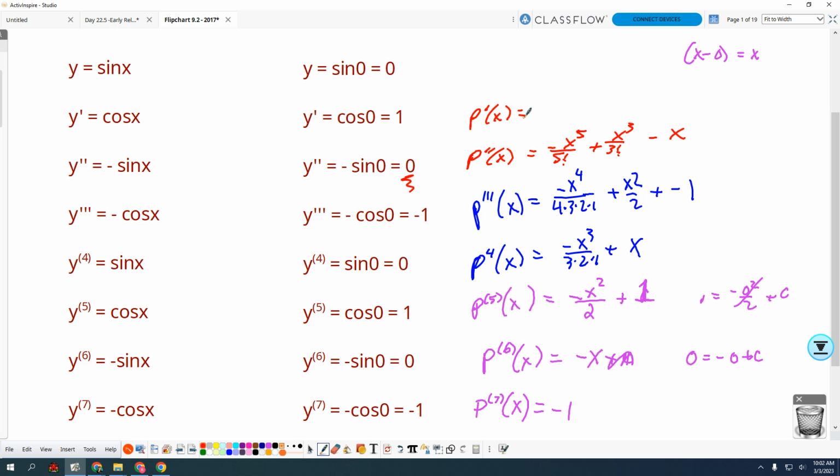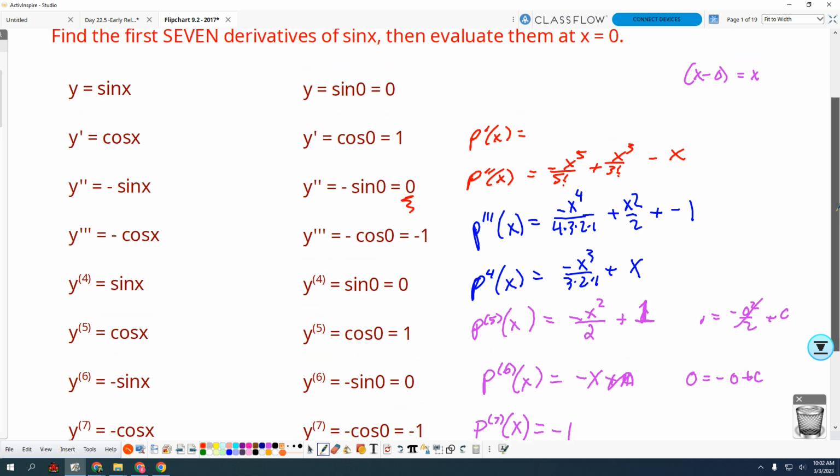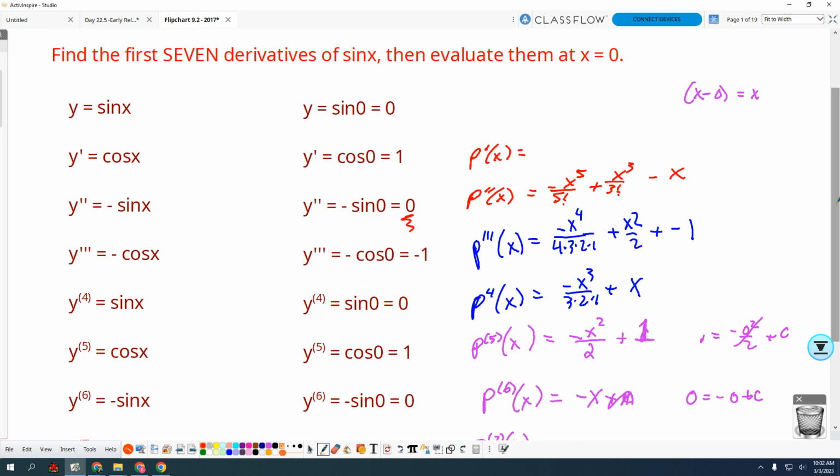Integrate. Negative x to the 6th over 6 times 5 times 4 times 3 times 2, and then x to the 4th over 4 times 3 times 2. And then plus c, and in this case the c is going to be 1, because when I plug in 0, all these terms go away.